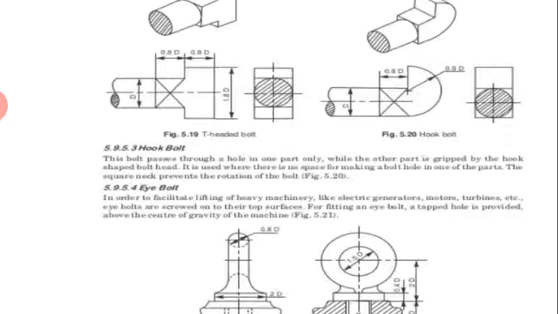So draw the head having dimensions thickness 16 mm and diameter of head 36 mm. After that, our diagram of the T-headed bolt front view is drawn.